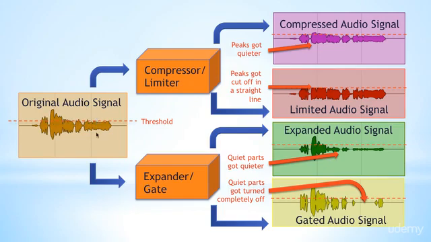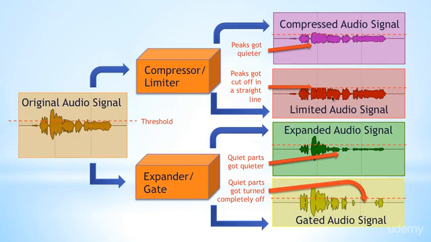So I've got the original audio signal, ran it through a compressor, and here is the compressed audio signal that we got out. So if you look at the threshold, everything above that threshold was turned down, and everything below that threshold remained untouched. So the peaks got quieter. That's from a compressor.